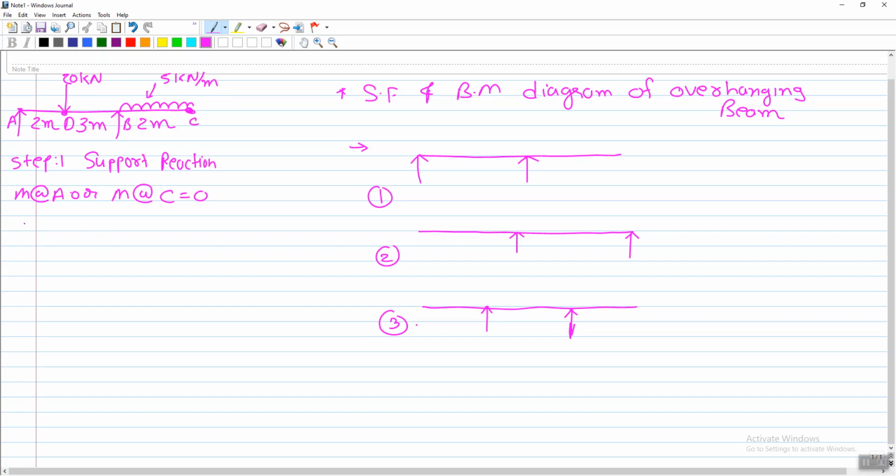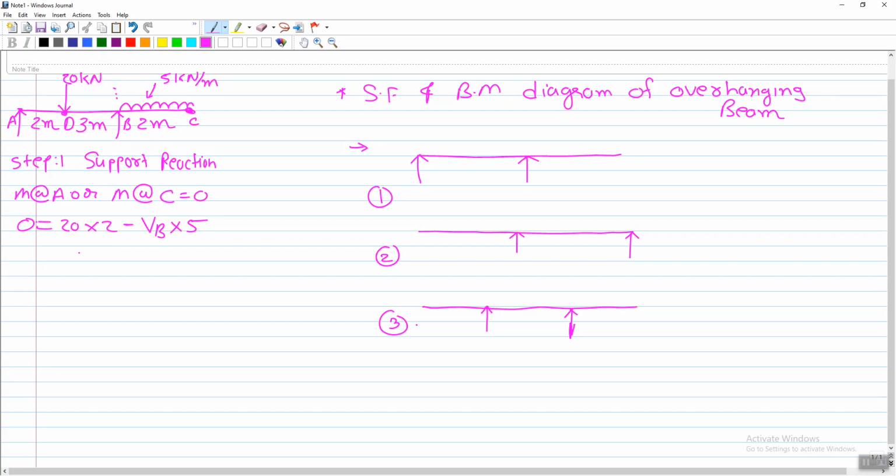First of all, the moment at A is equal to zero. From the right-hand side, first the moment due to the point load, which is in a clockwise direction, so 20 into 2, minus the support reaction VB, which is at a distance of 5 meters because it applies an anti-clockwise moment.